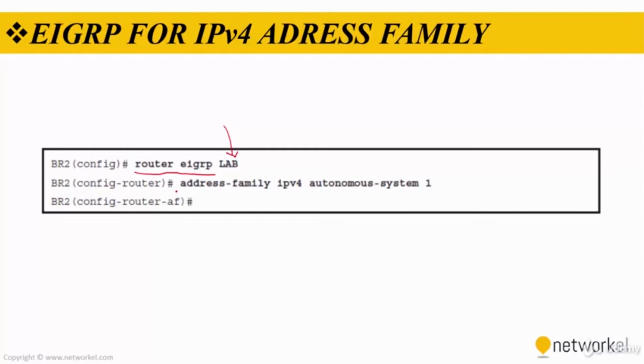Then, if you want to make an IPv4 configuration, you type the address-family command, address-family ipv4, and you define your autonomous system number for this command. First we are defining the name, then we are defining the address family, whether it's going to be IP version 4 or IP version 6, and we define the autonomous system number for this.